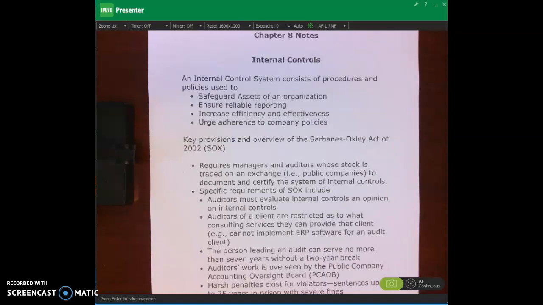So we have a few internal controls associated with this process. First is that I go and get the collection plates. And when I go up to get the collection plates, I have to have another person with me. There has to be two people getting the collection plates. And you know what? That other person should be a member of the vestry. If they're not a member of the vestry, that other person can't be my wife.